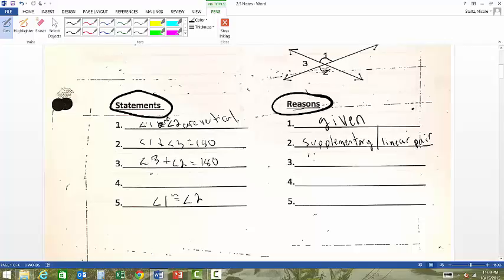I'm just going to put quotation marks. What those quotation marks mean is the exact same reason as directly above. Since supplementary was above, and that's our same reason now, I don't need to recopy it. I can just put quotes. Now, if my reason here was given, I'd have to write it because given is not directly above, it's two above.